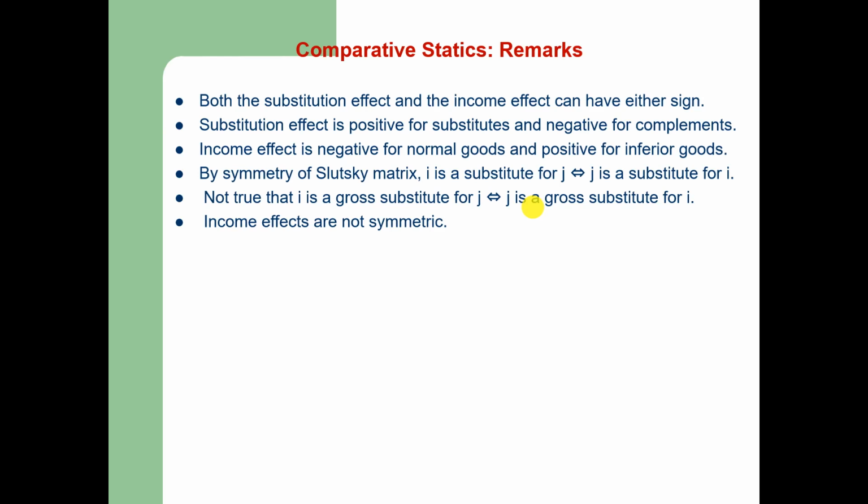Ladies and gentlemen, in this video, you learned a number of different things. The consumer primal problem, dual problem, utility maximization subject to budget constraint, expenditure minimization subject to a given utility level, then derivation of the Marshallian demand function from the constrained maximization of utility subject to the budget constraint, and then we got the indirect utility function by plugging the optimal values of the Marshallian demand functions into the original utility function.